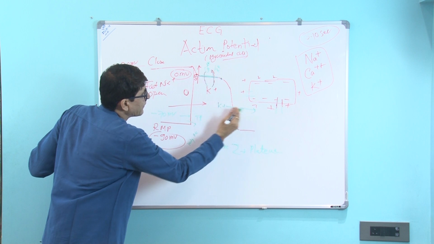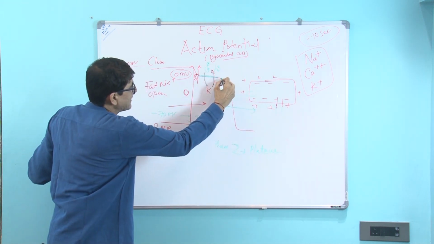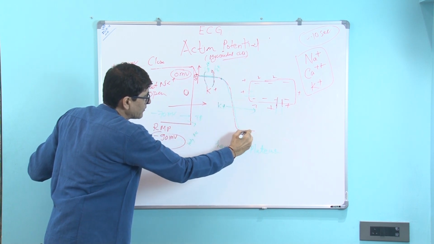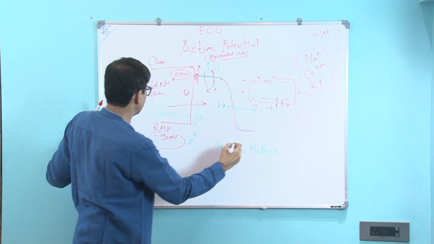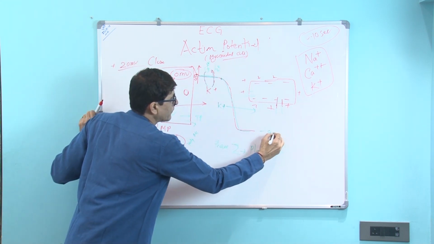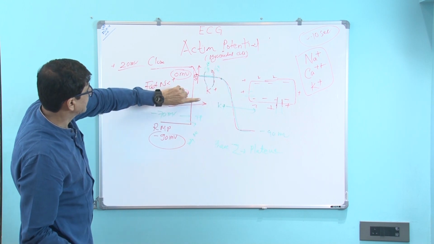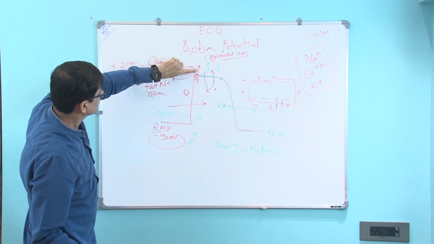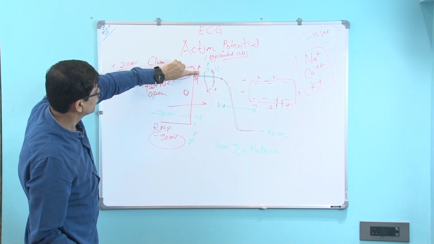So now positive ions are going out, and the voltage immediately comes down to the resting membrane potential, around minus 90 millivolt. First, sodium has entered and closed, reaching plus 20, and it has come to 0.